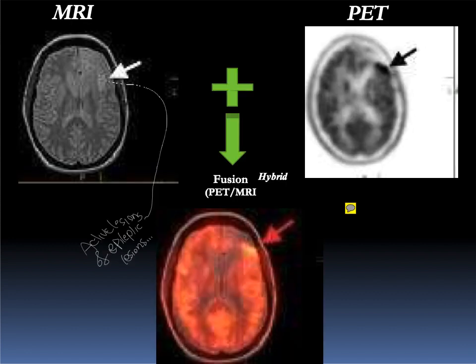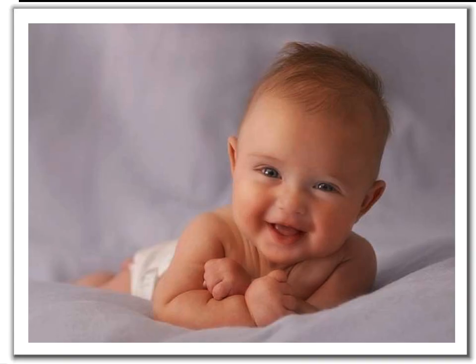For example, on your left is the MRI and on your right is a PET of the same lesion. This is fusion imaging below, and the arrow shows the lesion, a focus of convulsion, maybe this area.